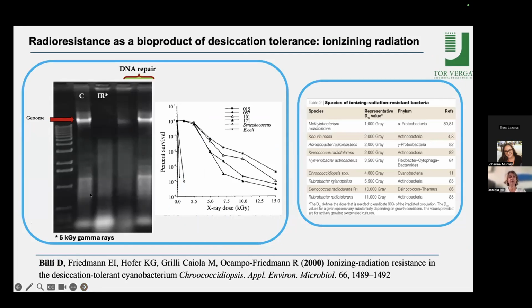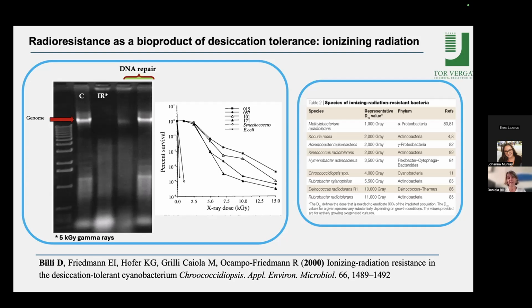As we know, desiccation tolerant organisms, in sensu lato, are usually also radiation tolerant, because radiation induces damage either in a direct way, and of course there is no way to escape this, or through the production of reactive oxygen species.